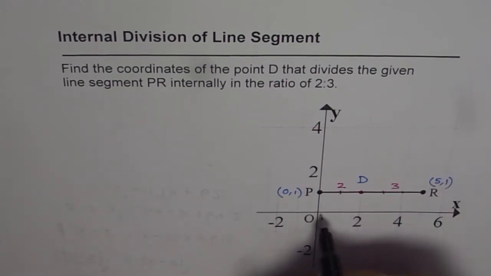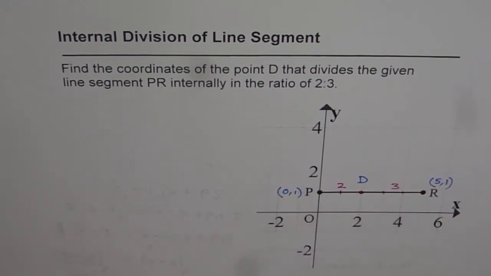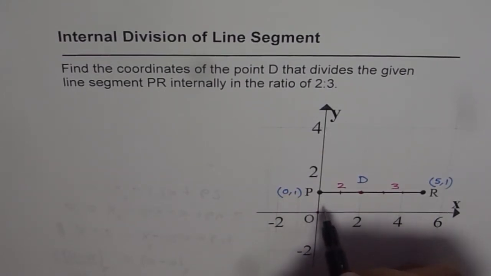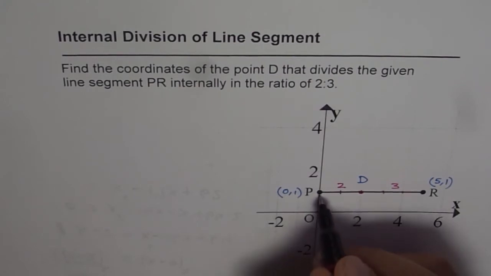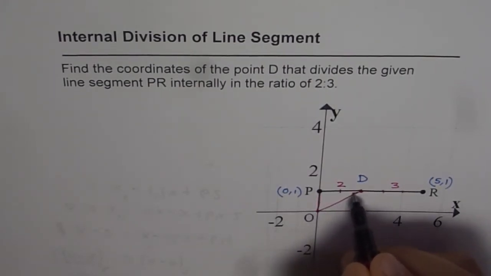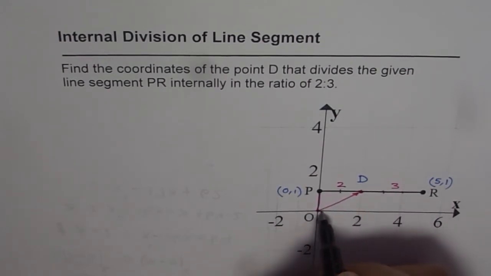We need to find the coordinates of point D. So what we can do is treat an external point O, which is the origin, and from here let's look into the position vectors OP, OD and OR.